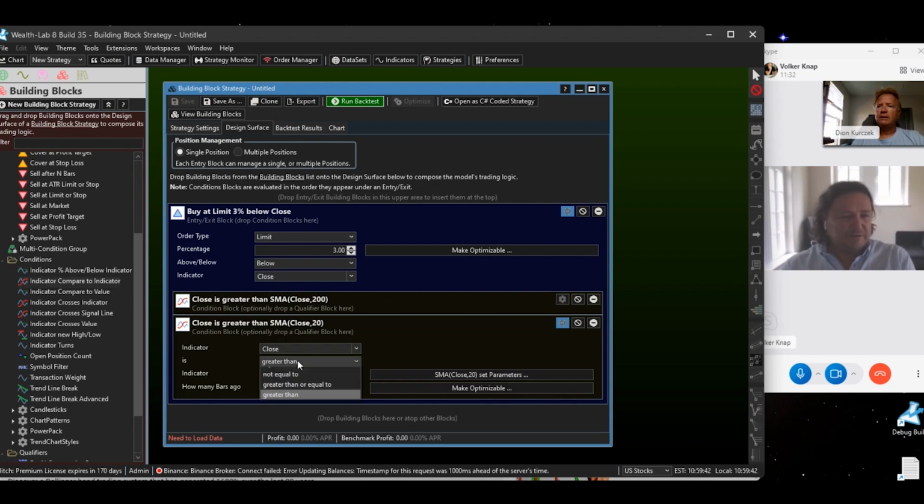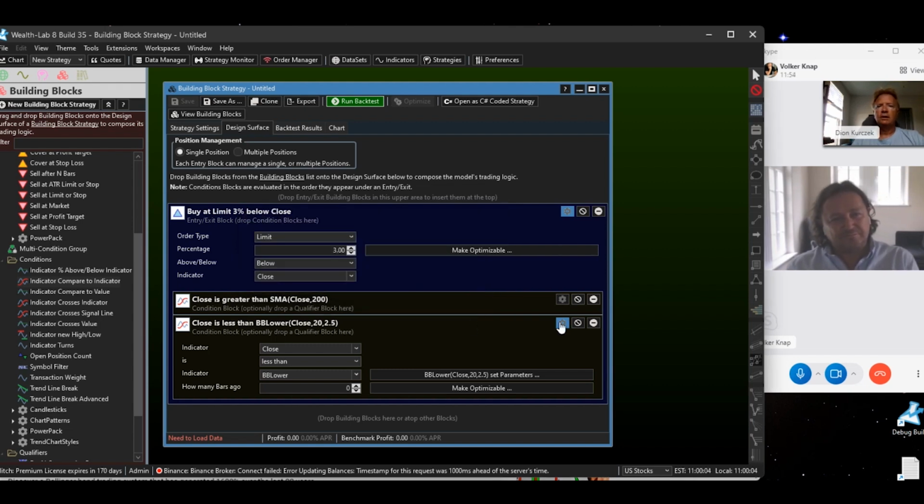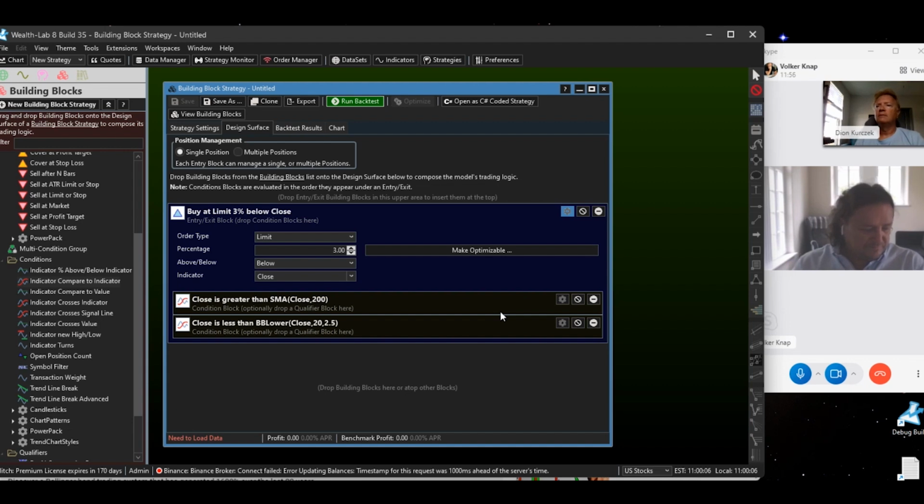So the close has to be less than the lower Bollinger Band. So that's BB lower. And then you said it was 20-day and 2.5 standard deviations. Okay, so there's that condition. Close is less than Bollinger Band lower of 20 and 2.5.